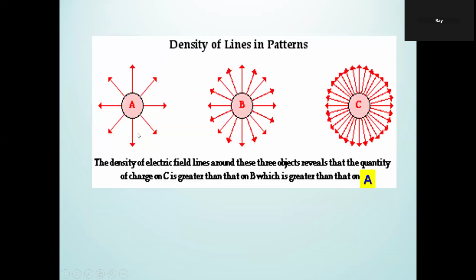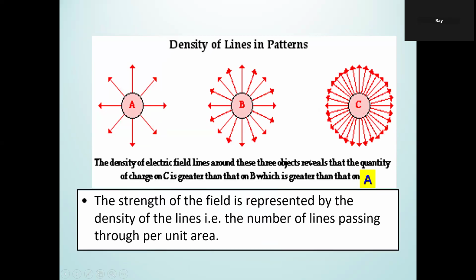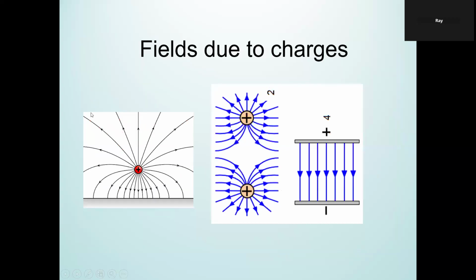Same here. We can see straight away that there is more charge on sphere C, where the lines are closer together, and less charge on sphere A. So these are field lines due to a positive charge.